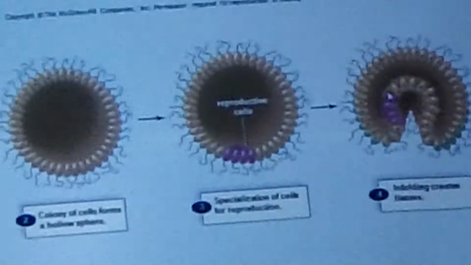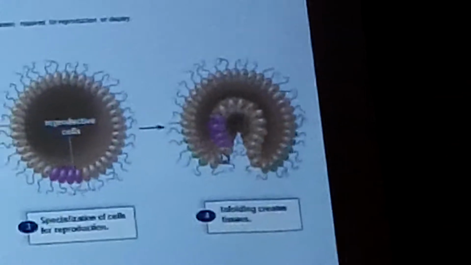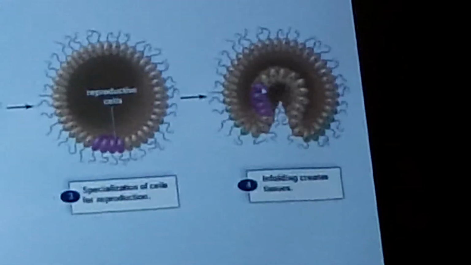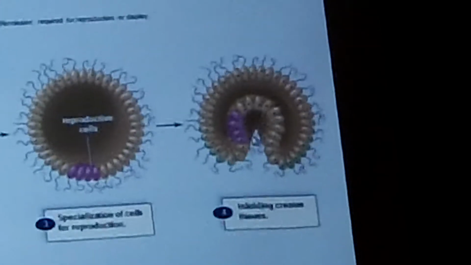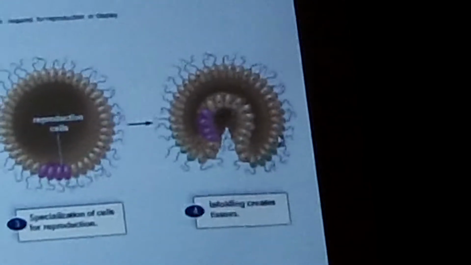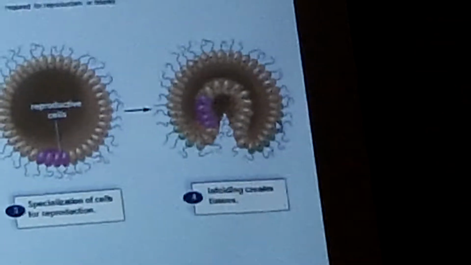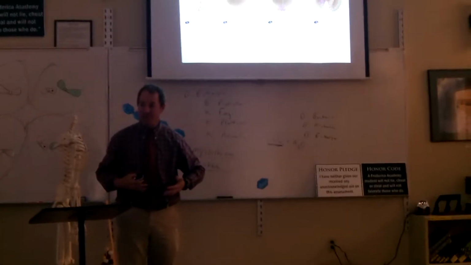The cells on the inside might become specialized, where they're good at digesting food, or specialized for reproduction. And that's what we still have today. We have cells on the outside that are good for protection, like your skin cells. We have cells on the inside that digest food and are for reproduction, your reproductive organs. Y'all see what I'm saying?